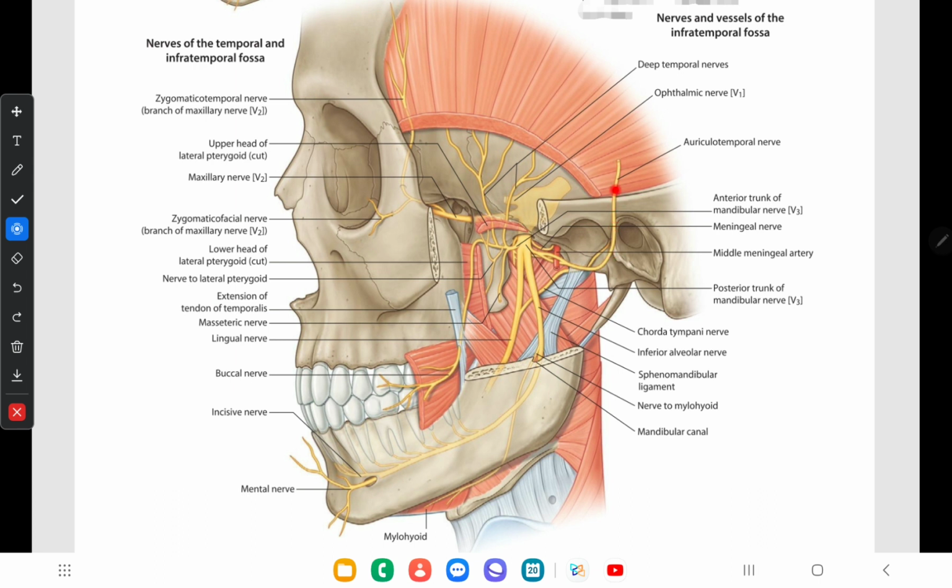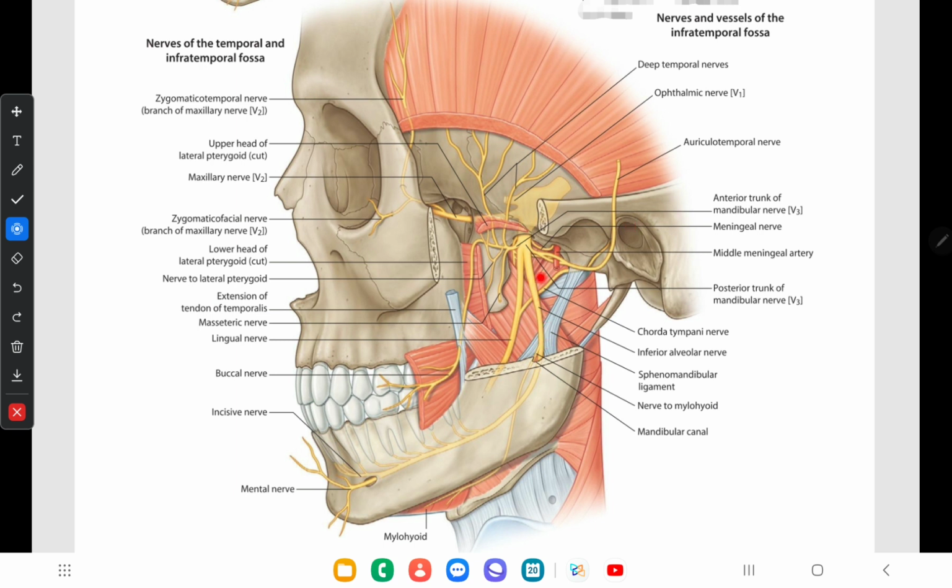This nerve goes to the parotid gland. After leaving the parotid gland, it enters into the temporal region, and then it supplies tragus, upper part of the lateral surface of the pinna, and external auditory meatus, tympanic membrane, as well as the skin of the temple.